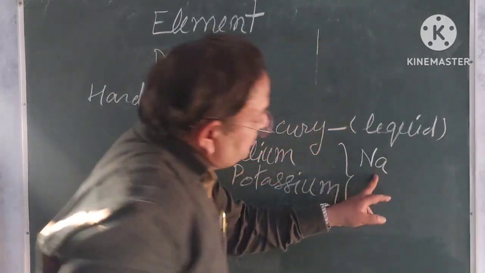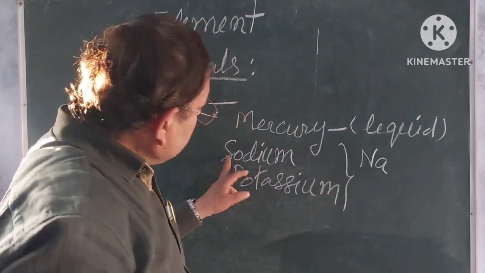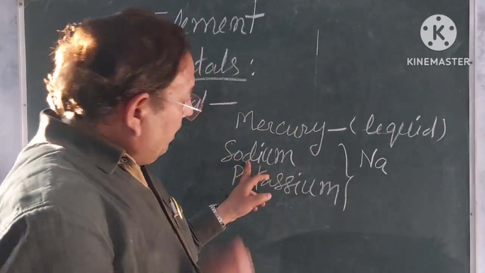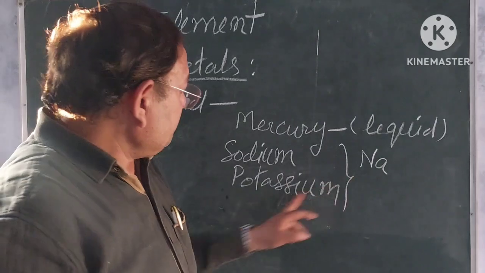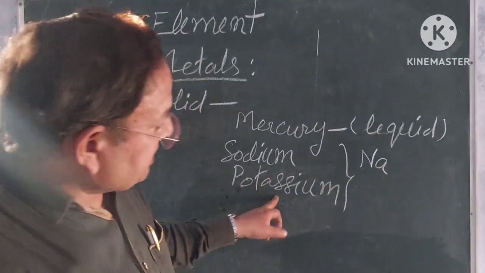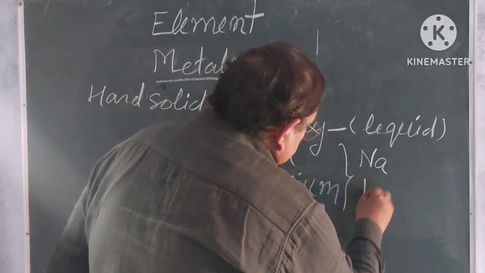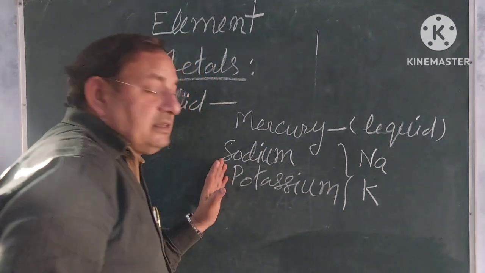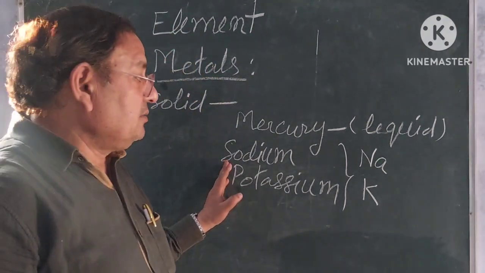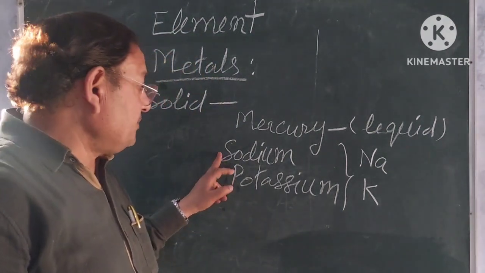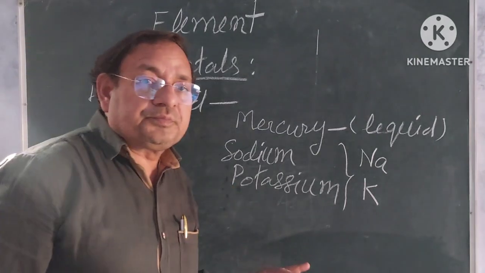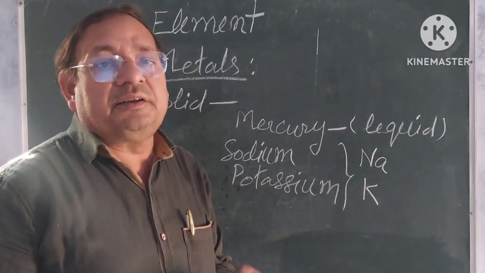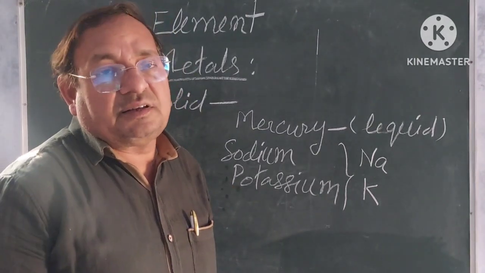My dear students, you know very well the symbol of sodium is Na and the symbol of potassium is K. These are in the solid state, but sodium and potassium are not very hard metals.